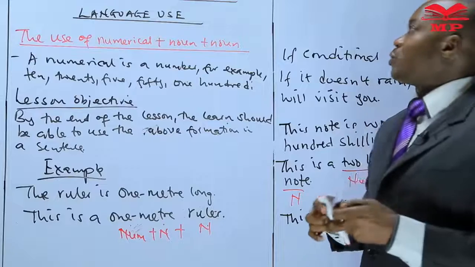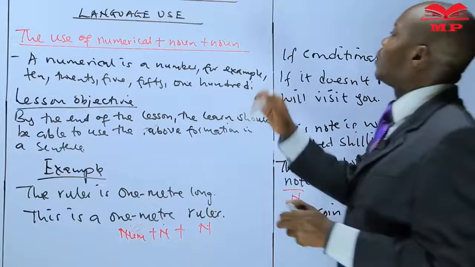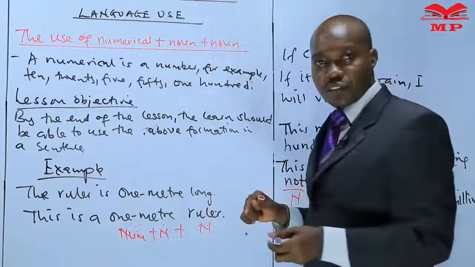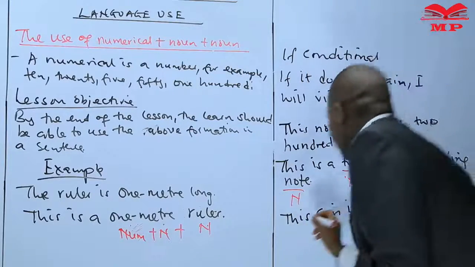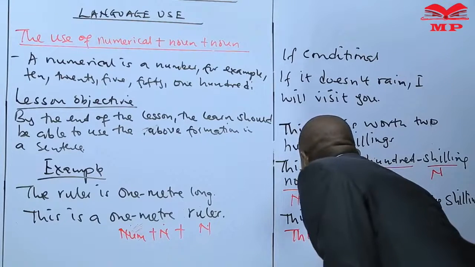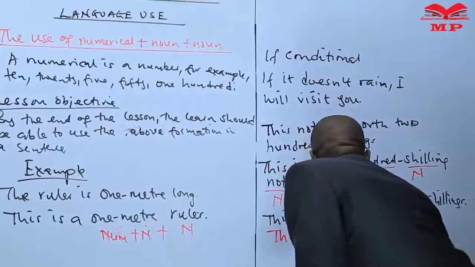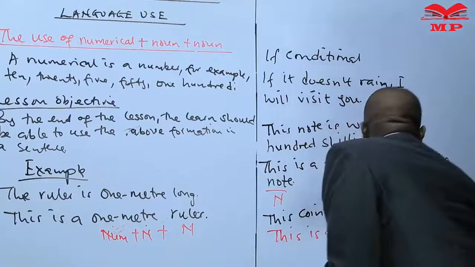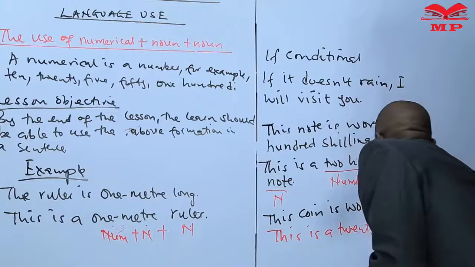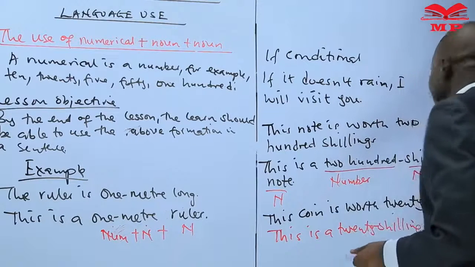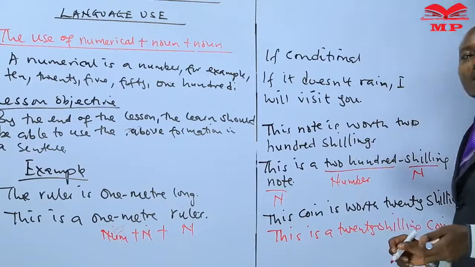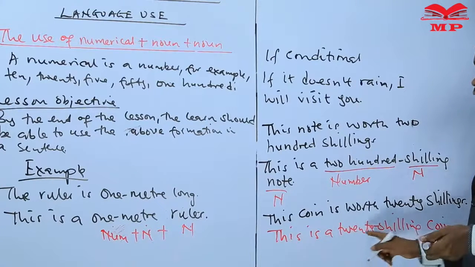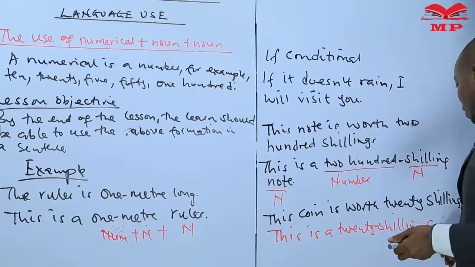Now we want to change so that we have the numerical noun order, numerical and noun formation. So we shall say this is a 20 shilling coin.